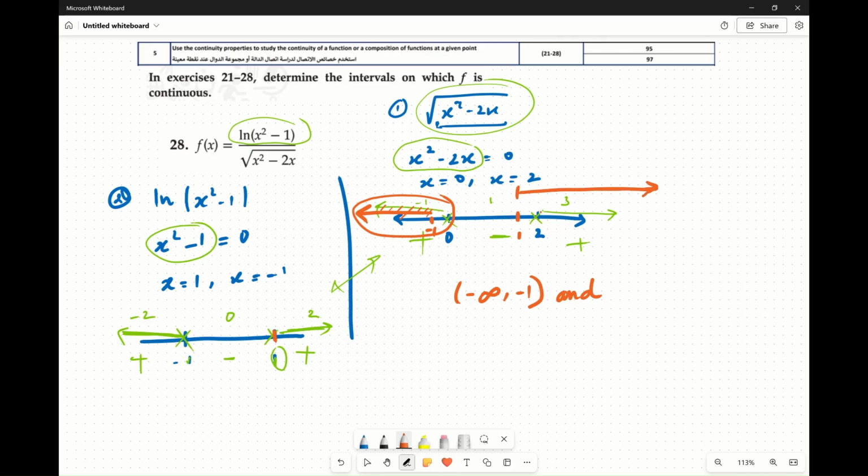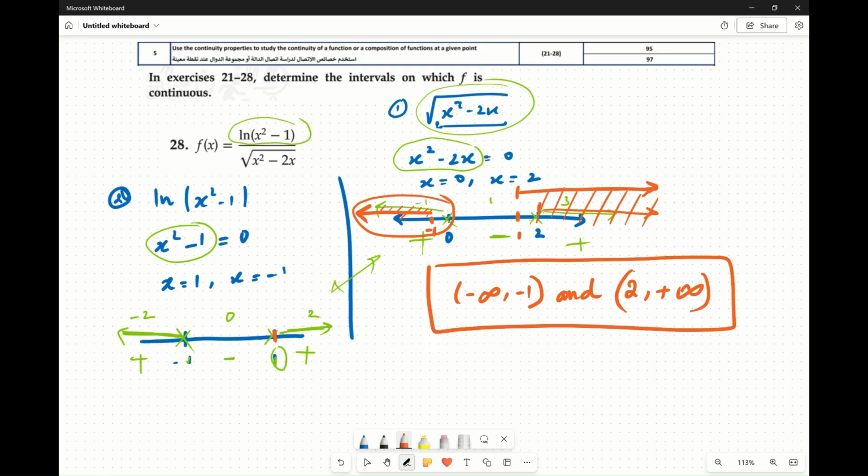This one says more than 2, but not including 2. So where do I see the common? I have to start from 2. So I say from 2 to positive infinity, again not including the 2. Why? Because it will make the denominator 0. And this is the final answer for this one.